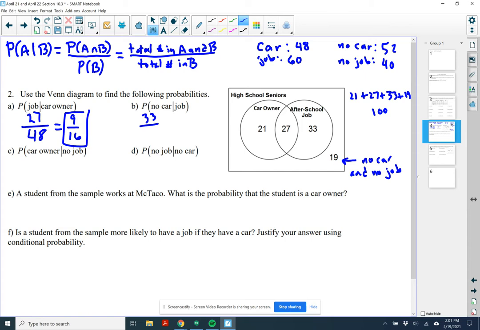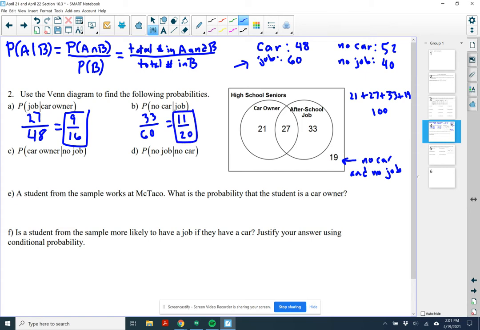And we'll divide by the total that have a job. There's our B. Total with the job is 60. So 33 out of 60. We'll reduce that fraction. Divide out of 3. We get 11 over 20.